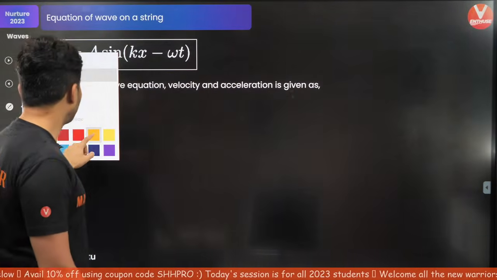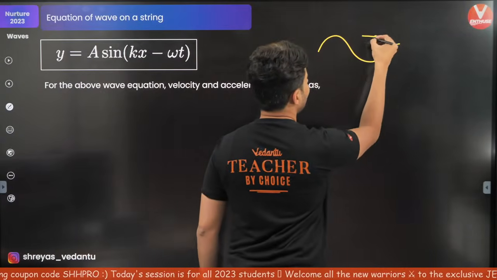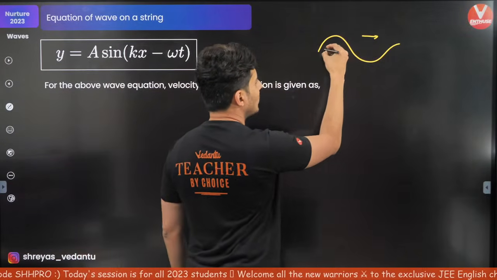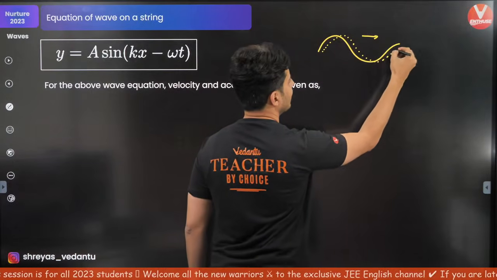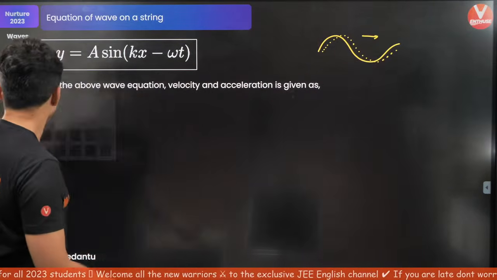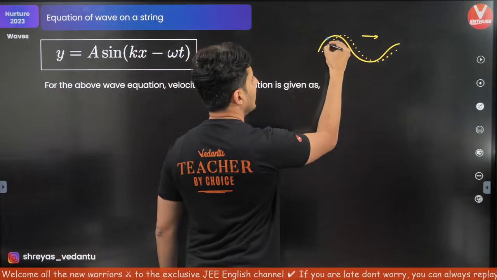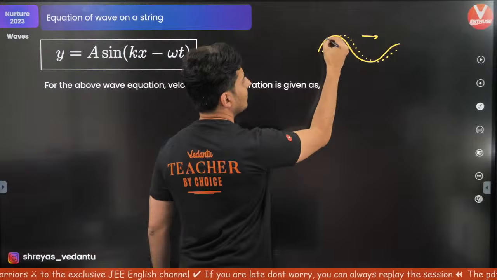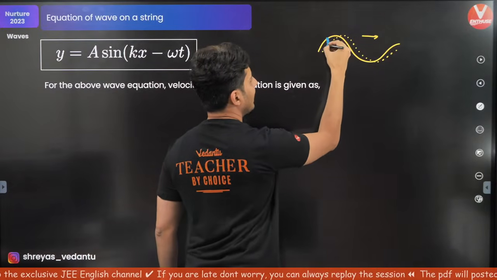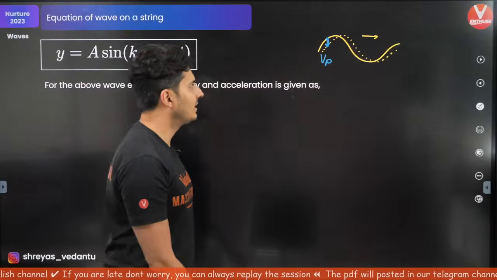Meaning, look at this. This wave is traveling. As the wave goes, you will see after some time the wave will look like this. That means if you have a particle maybe here, it's going to come over here, from there to here, right? If it travels, it obviously has some particle velocity.